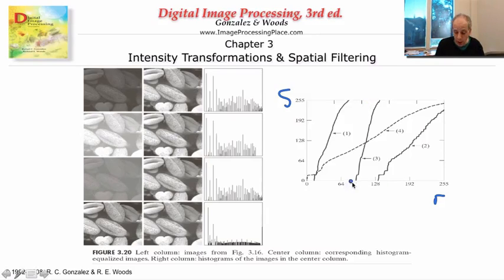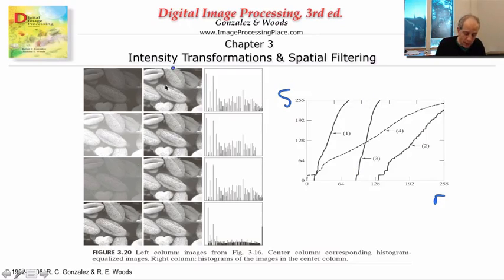They were all around here to start from, and it's going to stretch them. We see that the very narrow band that the original histogram occupied, with very low contrast, is now mapped to the whole spectrum from 0 to 255, and we see that in the map as well.